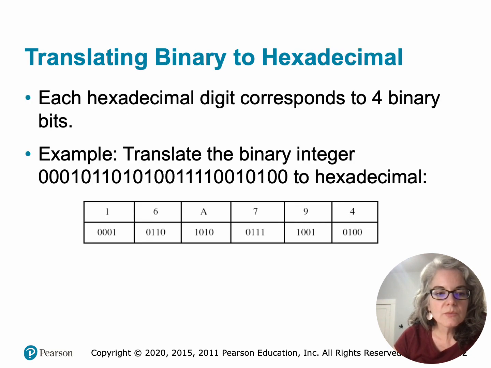So let's look at these binary numbers here. Each hexadecimal digit corresponds to 4 binary bits.